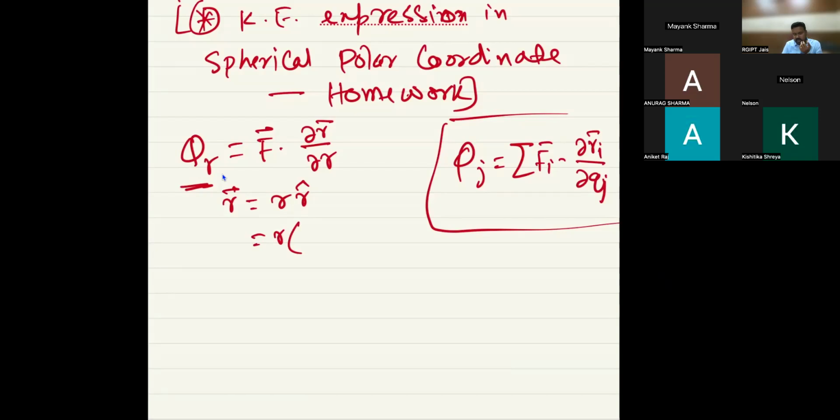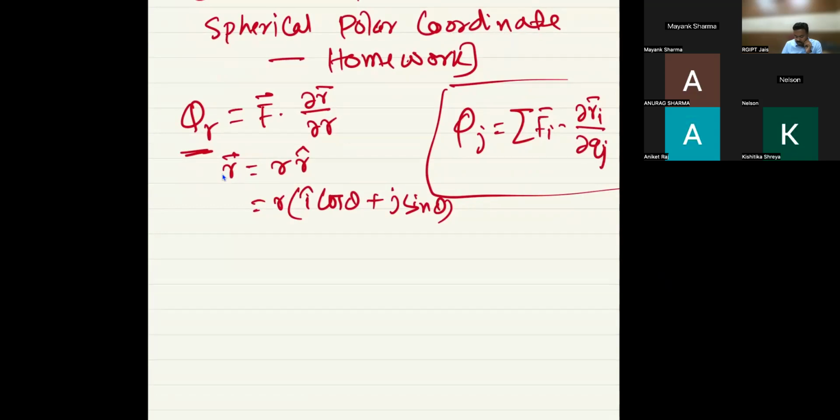Anyone? What is the expression for the vector along the r direction in polar coordinates? That was i cap cos theta plus j cap sin theta. This was the value.